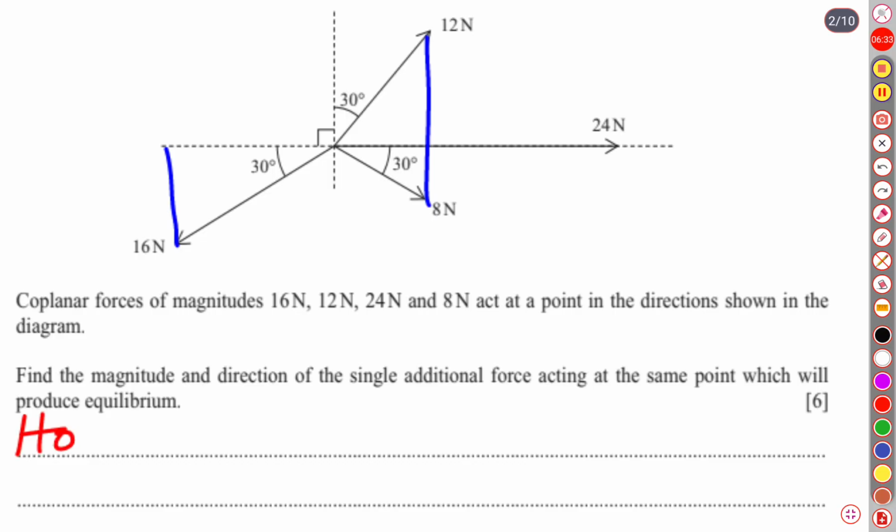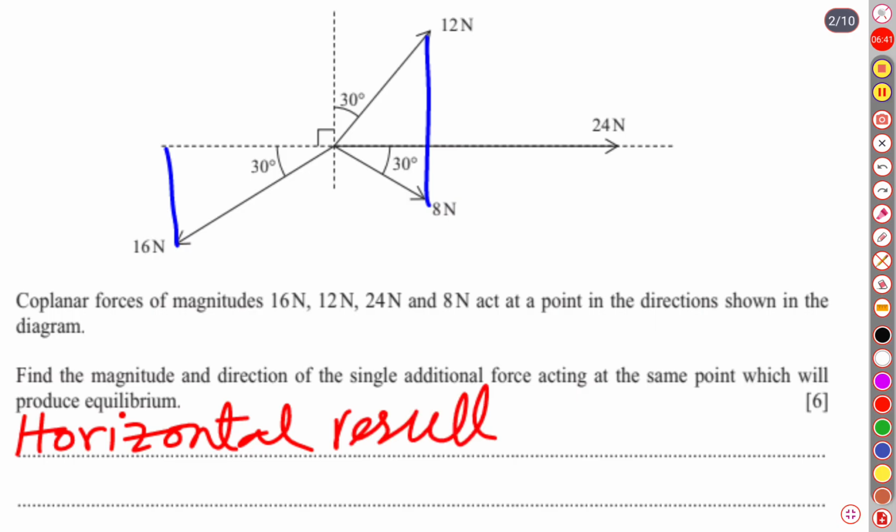Horizontal resultant force. Okay, direction is horizontal.